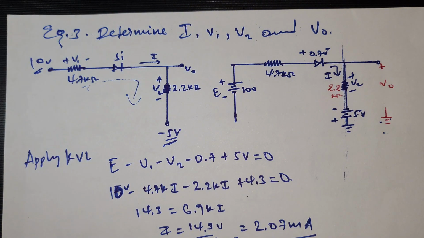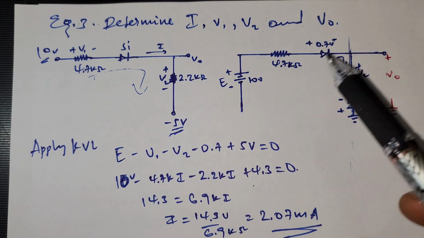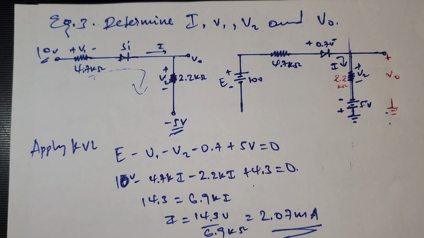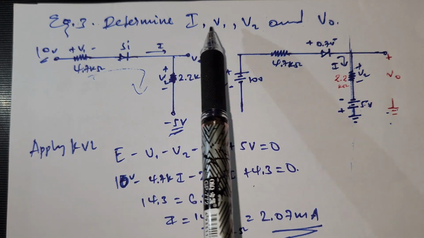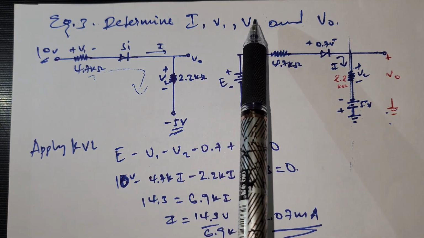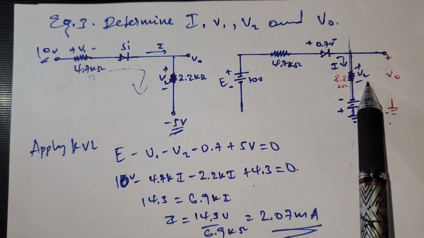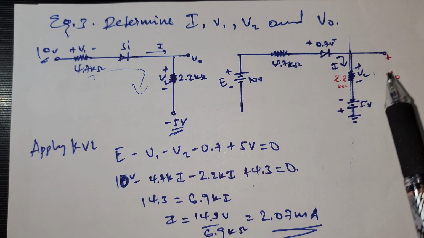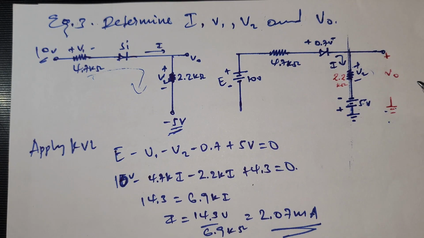To analyze such kind of circuit, we apply KVL. As you see, we are asked for the current, V1, the voltage across this resistor, V2, the voltage across this resistor, and the V output, the voltage across these 2 components.